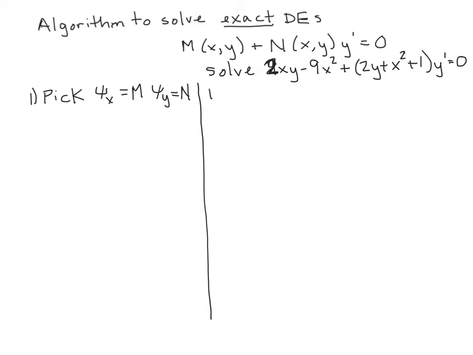All right, so first step over here, I'm going to pick psi sub x, sorry, that's a psi and not a 4, as 2xy minus 9x squared. And I'm going to pick psi sub y as the function out in front of the y prime, so I'm going to pick it as 2y plus x squared plus 1.